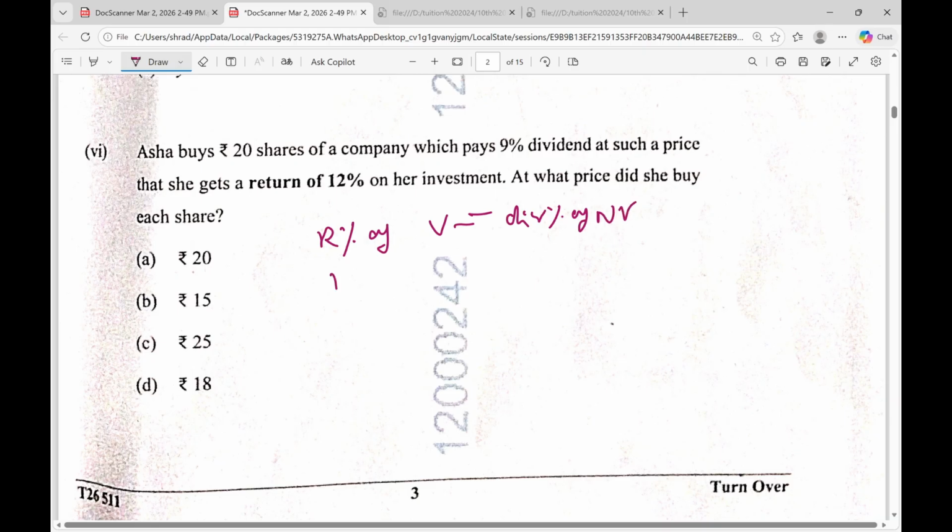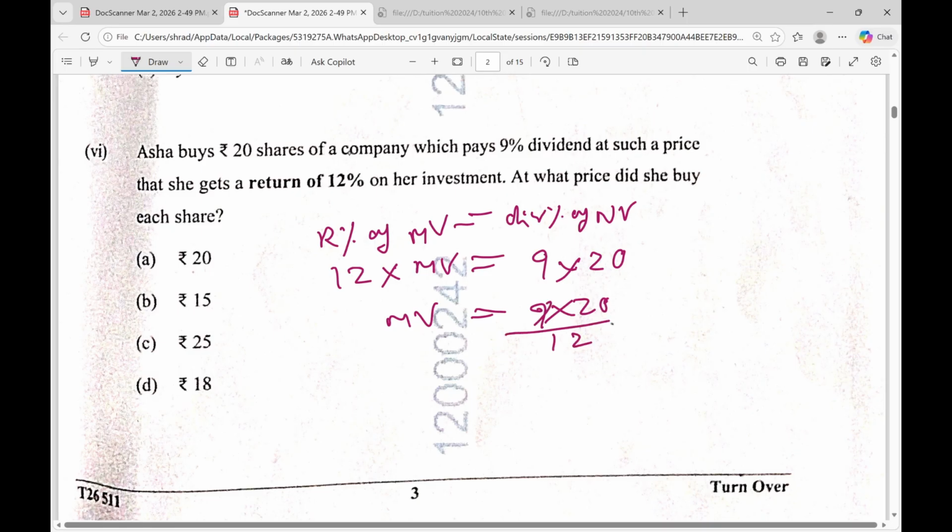Return percentage 12, this is your 12 into MB. At what price did she buy? Means MB equal to dividend percentage 9 into 20. So MB equal to 9 into 20 by 12. 3 3 is 9, 3 4 is 12, 4 5 is 20.